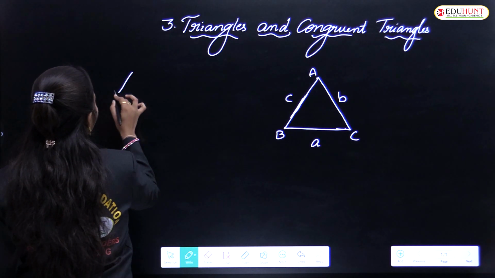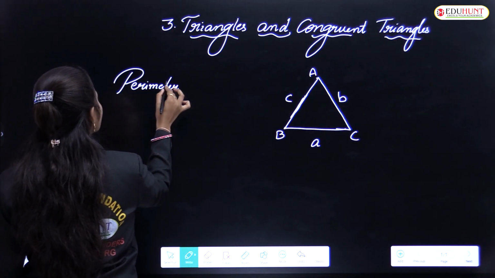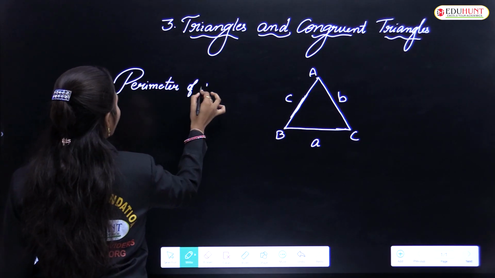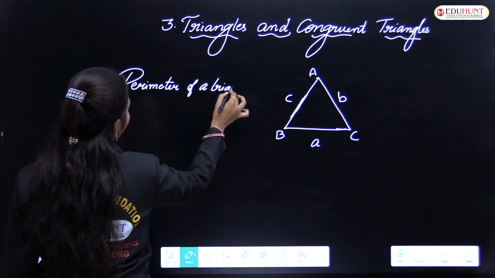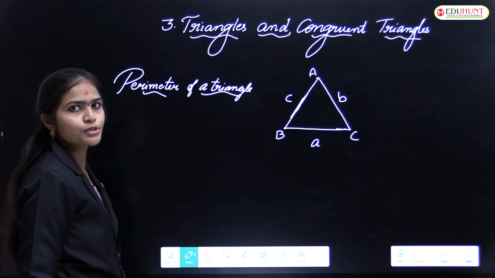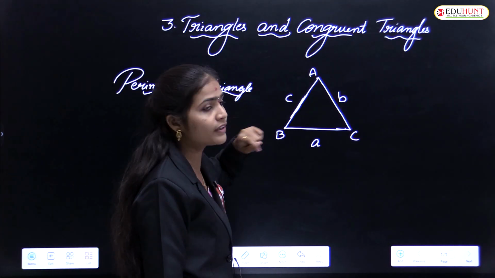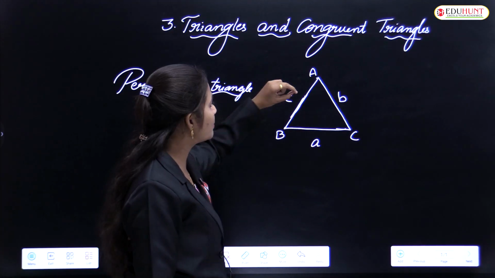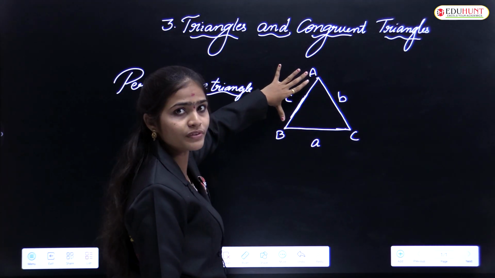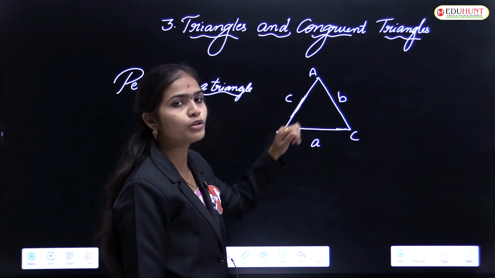Now, the perimeter of a triangle. Perimeter means what? The sum of all the sides of a triangle, which means we need to find the total length of that figure. First we need to find the length of line segment AB, the length of BC, and the length of CA.